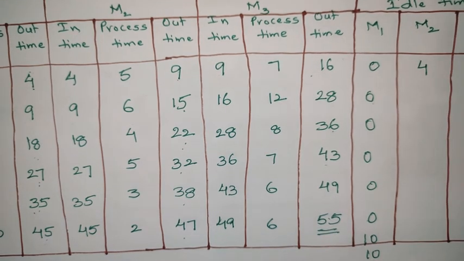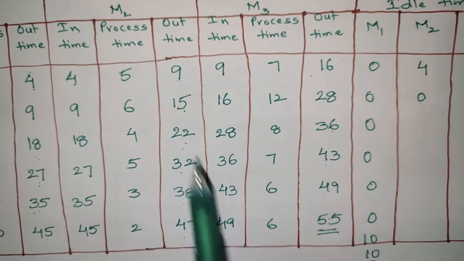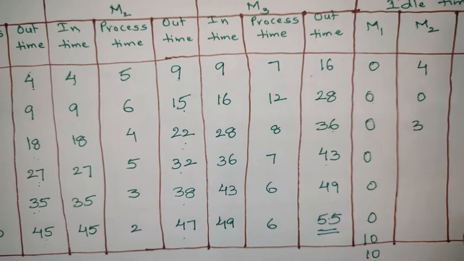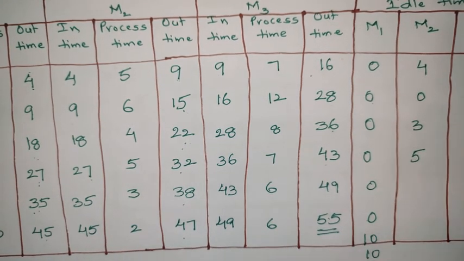Next, difference of 9 and 9, 0. Difference of 18 and 15, 3. Difference of 27 and 22, 5. Difference of 35 and 32, 3. Difference of 45 and 38, 7 hours.